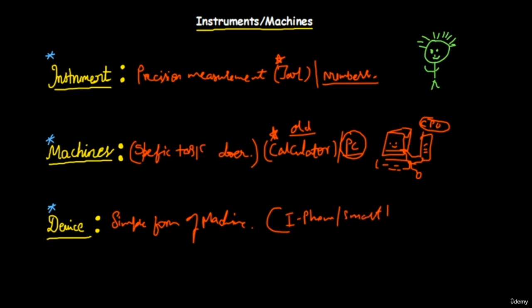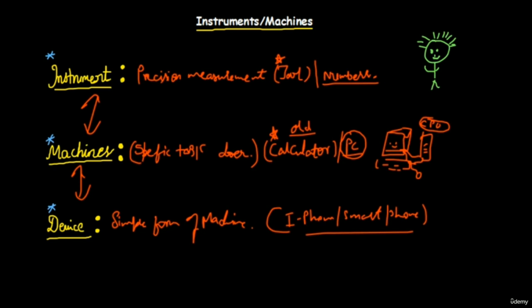So what is the significant difference between a device and a machine, and a machine and an instrument? Let's explore that one. In my opinion, if you understand one, you understand all, because they do pretty much the same thing for each other's purpose, but there is a slight difference between them.